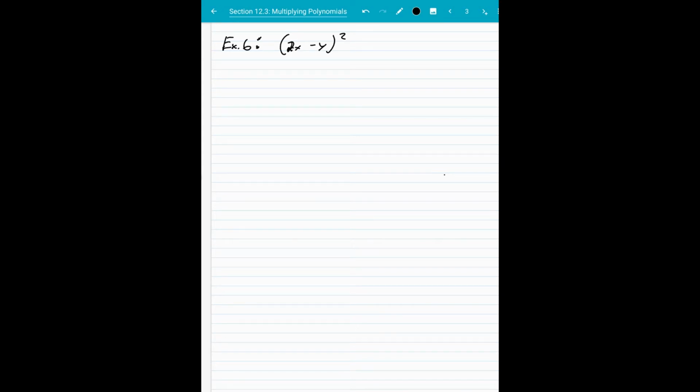It's going to be the same process, but let's think about what this means, the 2x minus y squared. Well, think about what x times x makes. X times x makes x squared, right? So whenever we have one number times the same number, that just makes that base number squared.